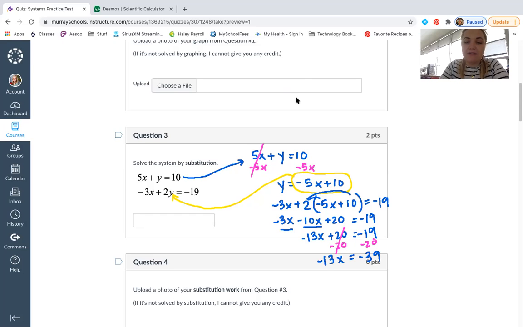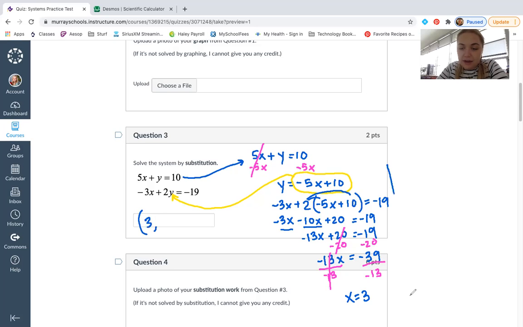My last step, I've got to undo multiplying by -13 by dividing -13 on both sides of the equal sign. And when I do -39 divided by -13, I get an answer of x equals 3. So that's just half of my answer. I know that I'm going to type in a 3 here.